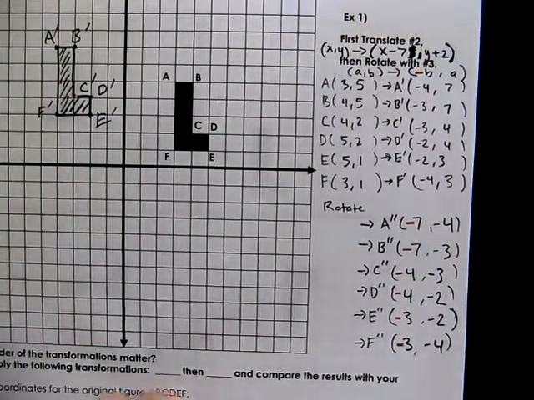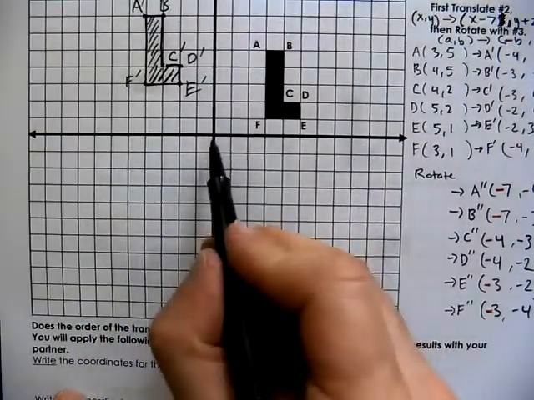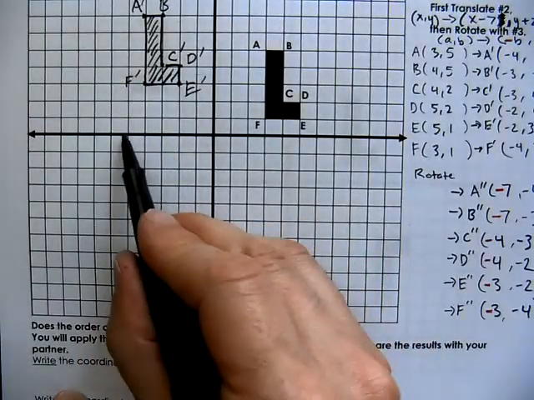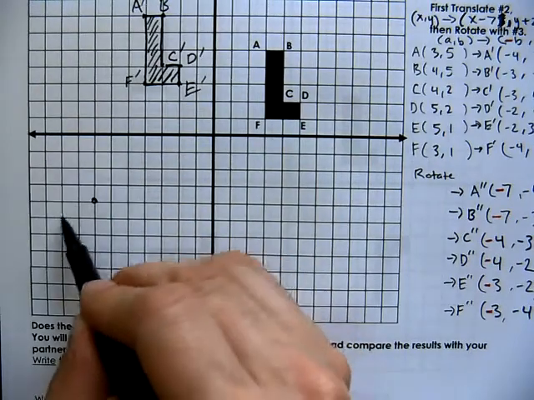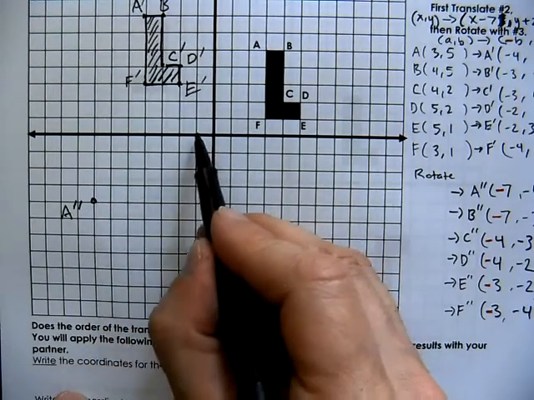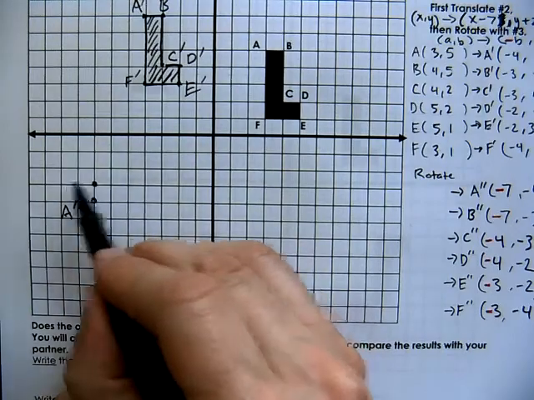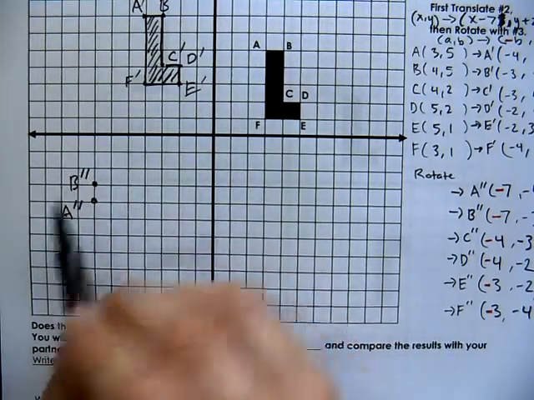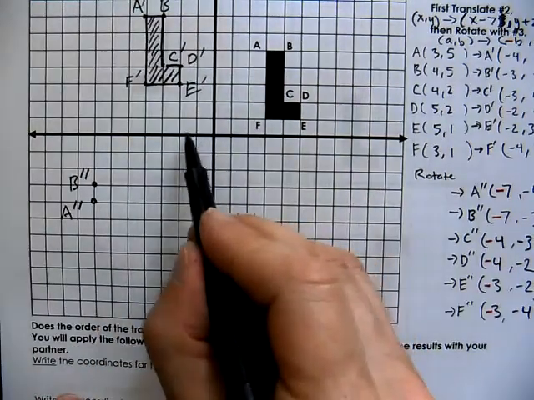Let's plot those points. A double prime is at negative 7, negative 4. B double prime is at negative 7, negative 3. C double prime is at negative 4, negative 3.